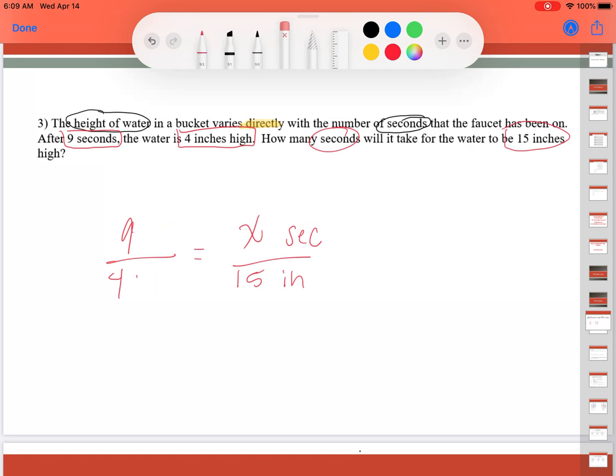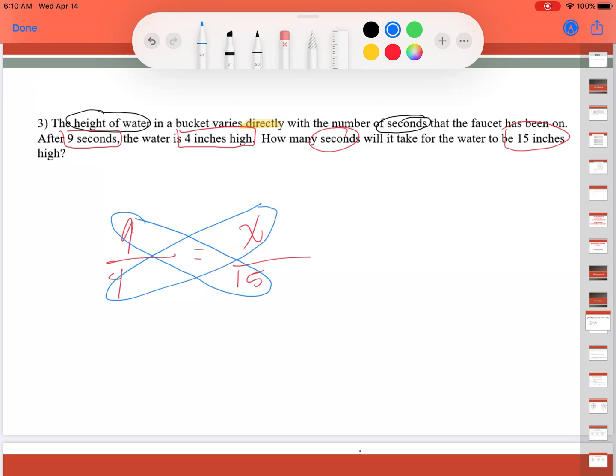So I have seconds over inches equals seconds over inches. Super easy. Now I'm ready to cross multiply. Cross multiply means this times this equals this times this. I like to put the diagonal that has the letter first. So 4x equals 9 times 15.